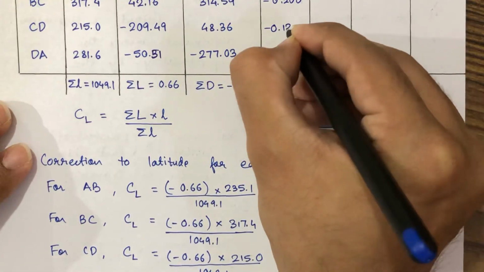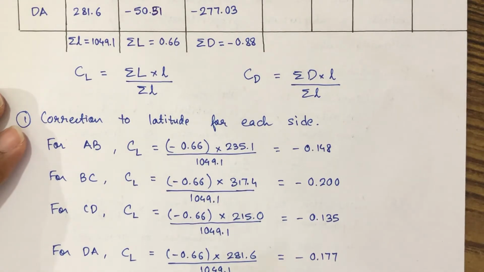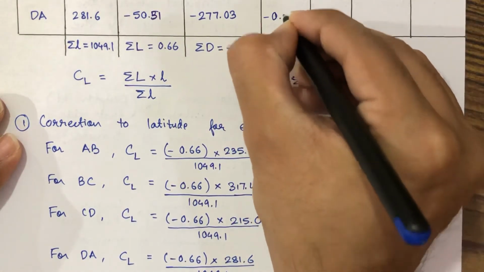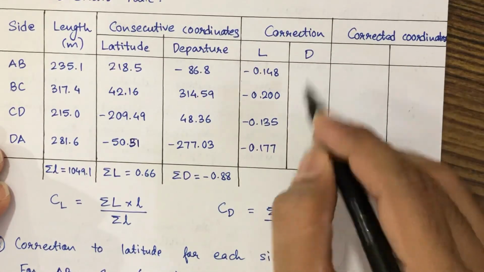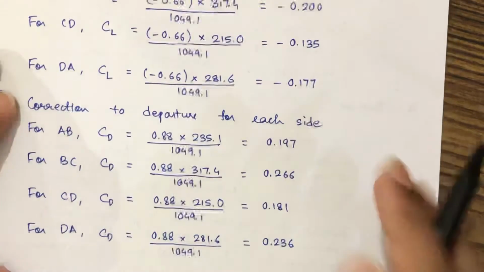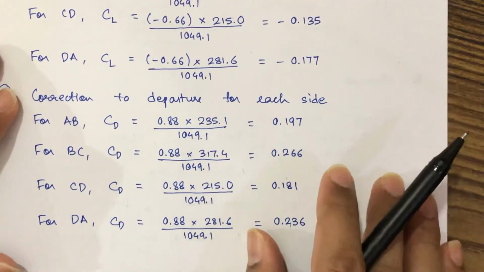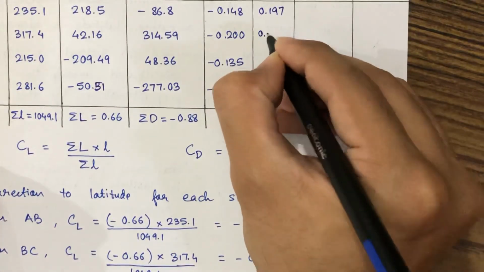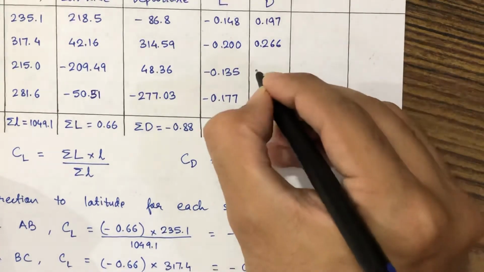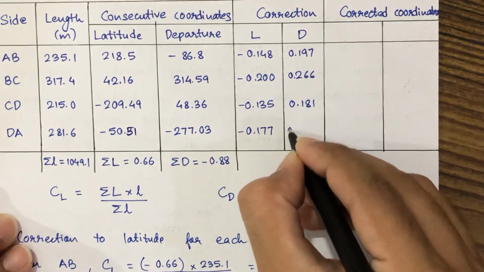And for DA it comes out to minus 0.177. Similarly, for the correction to departure, I'll simply copy these values over here. First is 0.197, second is 0.266, third is 0.181 and the fourth value is 0.236.